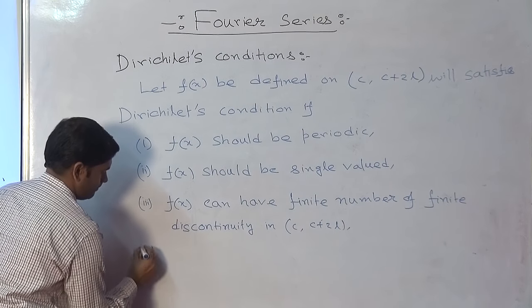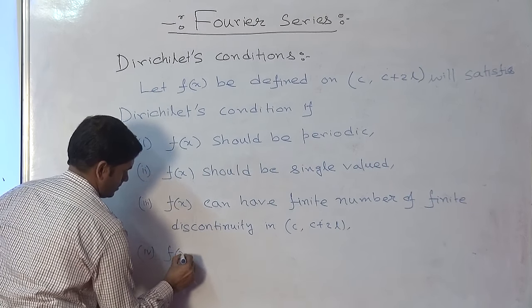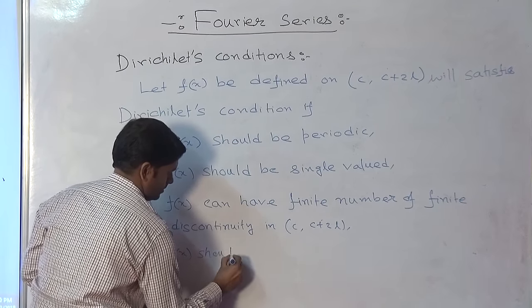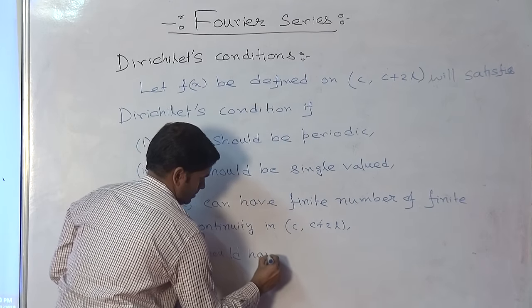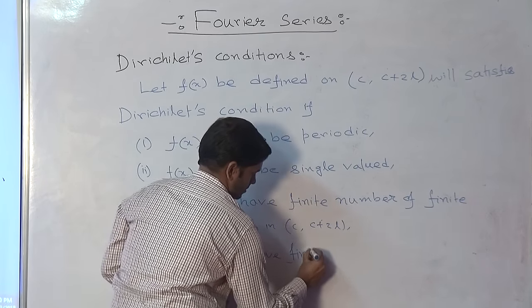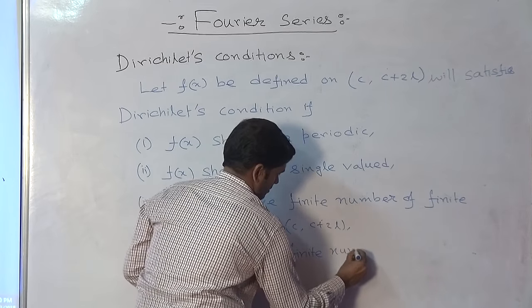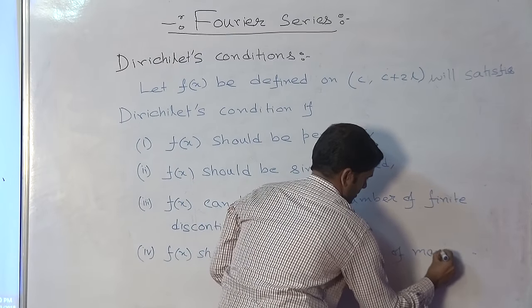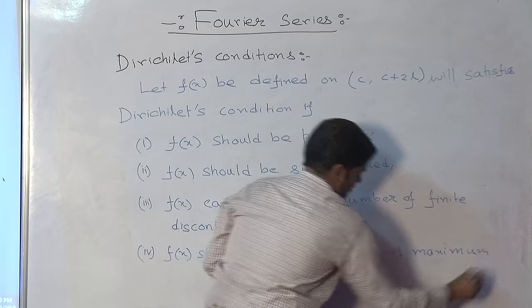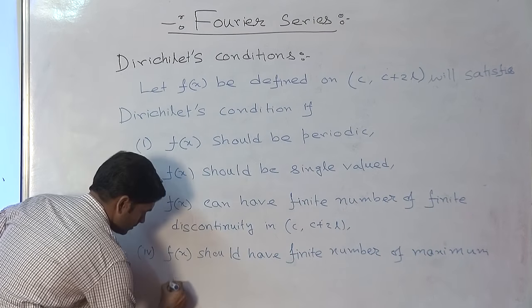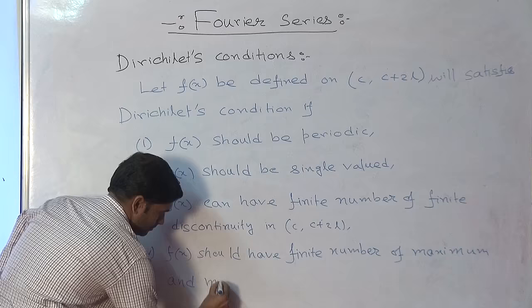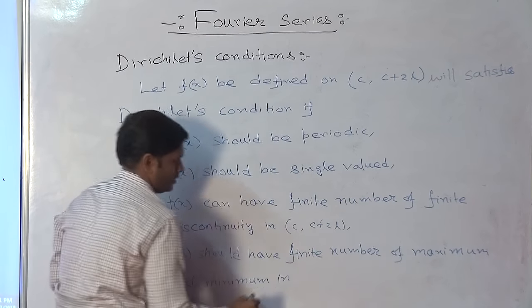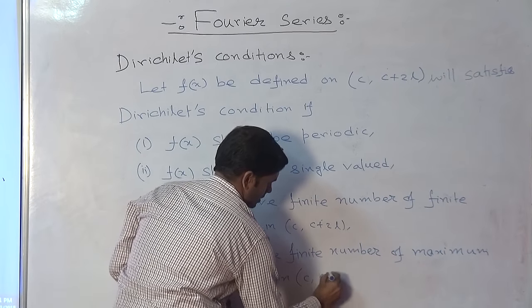Number 4 is that f(x) should have a finite number of maxima and minima in c to c plus 2l.